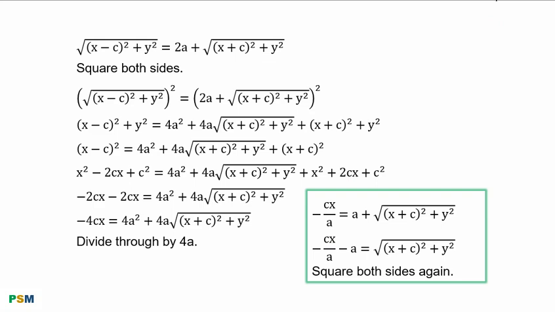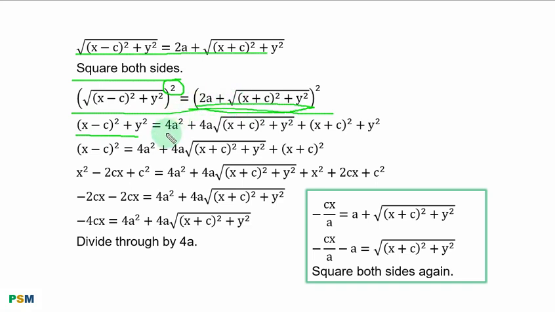You transfer the second term in the left hand side to the right hand side. You have it in this form. Square both sides, you have this result. The power of 2 will remove the square root sign from here. If you expand this term, you have this result.